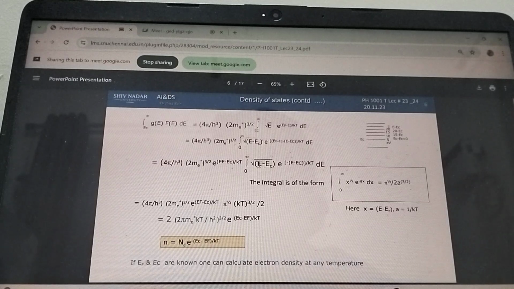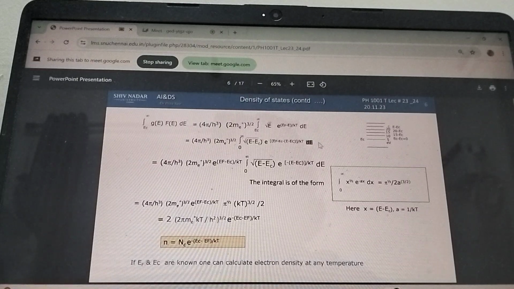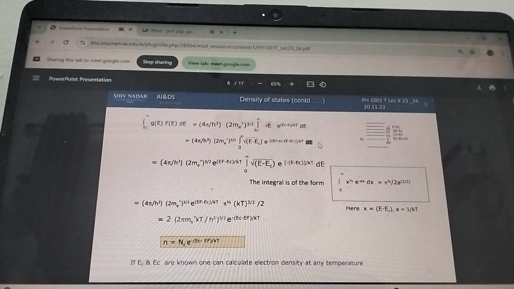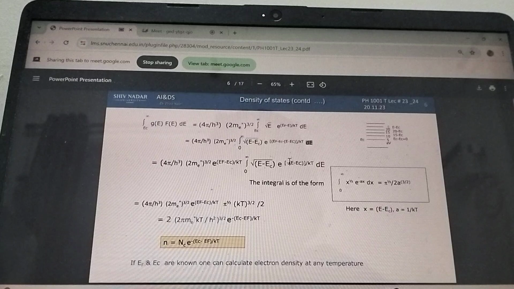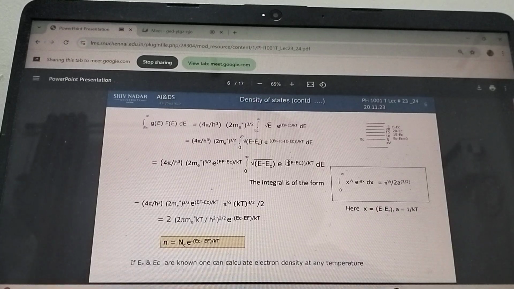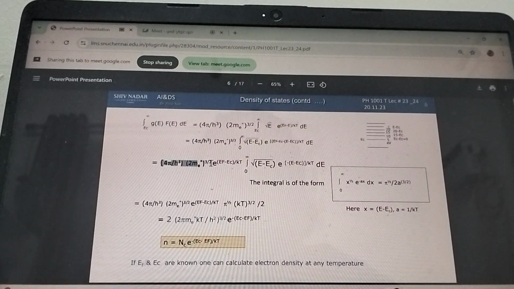It's 0 to infinity. This is root over E minus EC, e to the power EF minus EC minus E minus EC by KT. Now EF and EC are both constants as far as we are concerned, because we are integrating with respect to E. So the EF minus EC term is taken out. The only part which is of concern to us is e to the power minus E minus EC upon KT dE. So this entire thing is a bunch of constants.